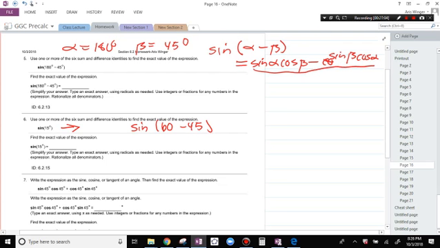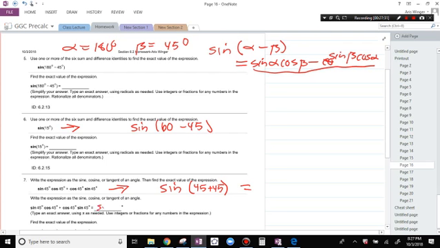What is this one trying to tell us? That's really the sine of what? Sine of 45 plus 45, which is just the sine of, type exact answer using pi as needed. They're trying to trick us, right?